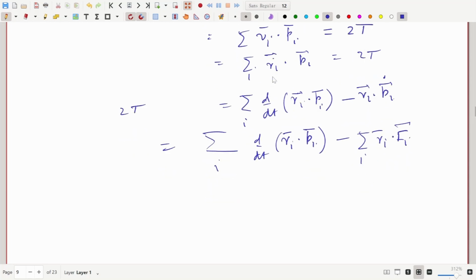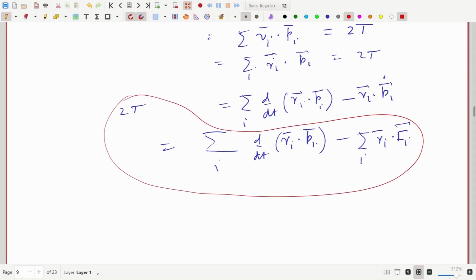Now, in this equation we will consider the time average. So, let me write the left hand side as 2T bar, the time average.